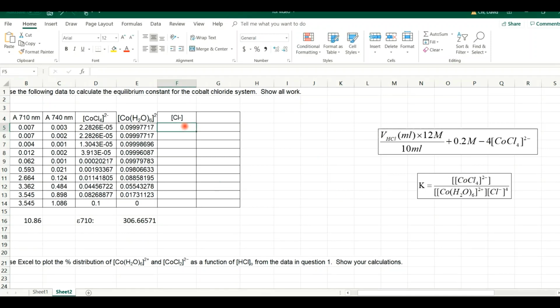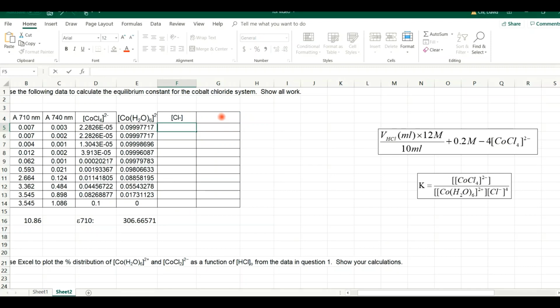So let's calculate. We need another column, which is the volume of hydrogen chloride, 12 milliliters.